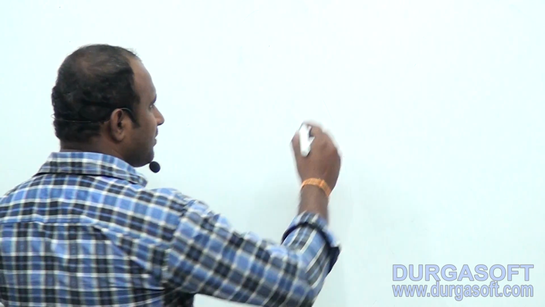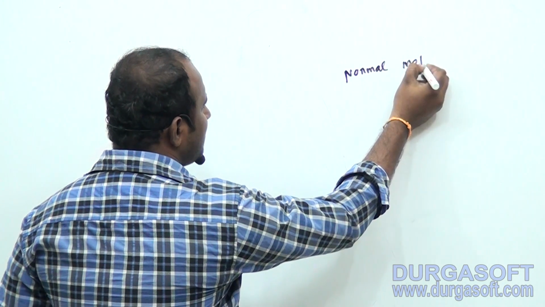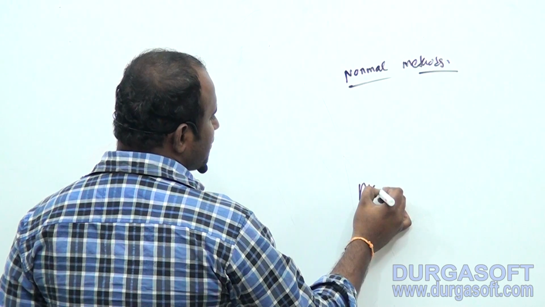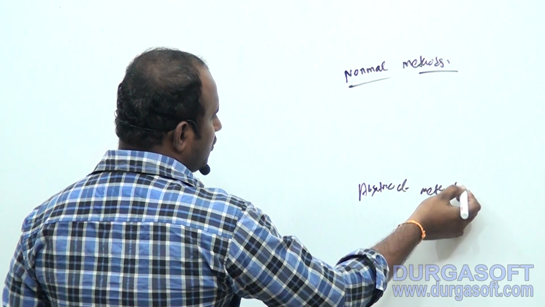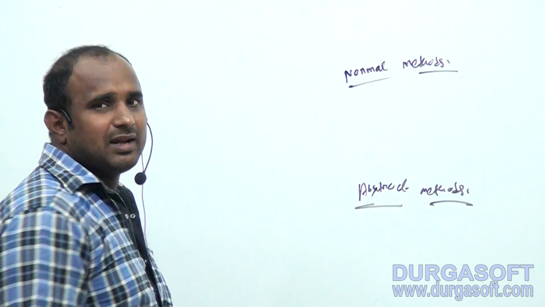Generally in Java there are two types of methods. One is the normal method, and the second one is the abstract method. Total how many types of methods here? Two types: normal and abstract method. Then what do you mean by normal method?